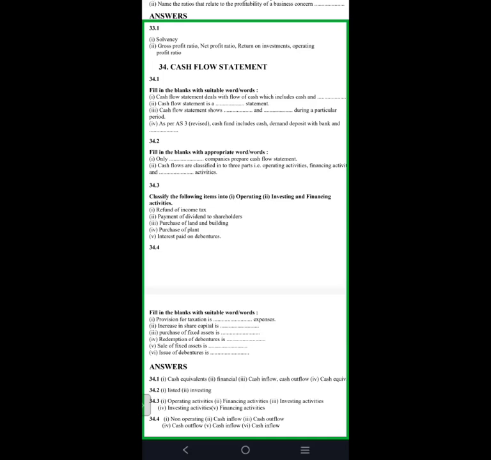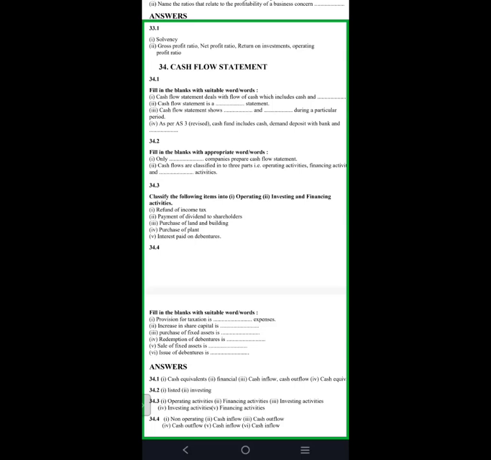Cash flow statement shows dash and dash during a particular period. Inflow and outflow. As per Accounting Standard 3 revised, cash fund includes cash, demand deposit with bank and dash. Cash equivalents.